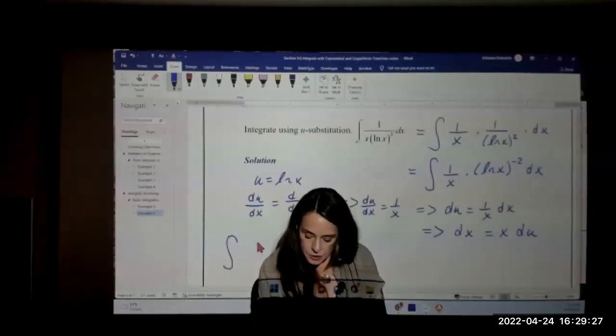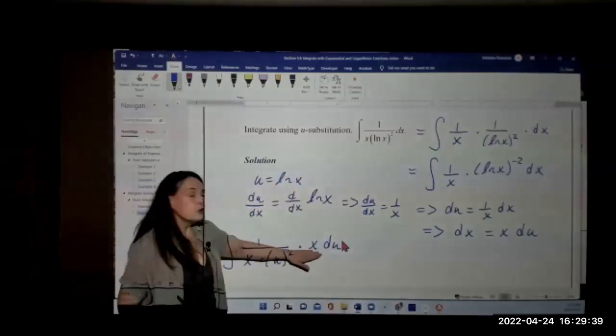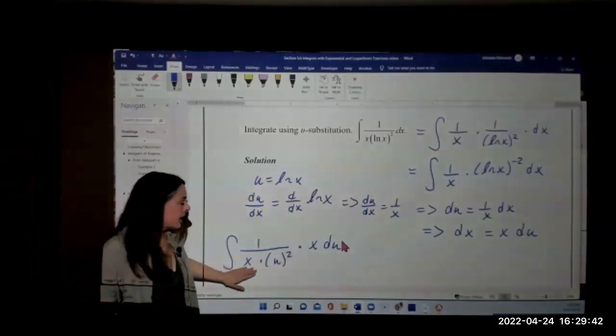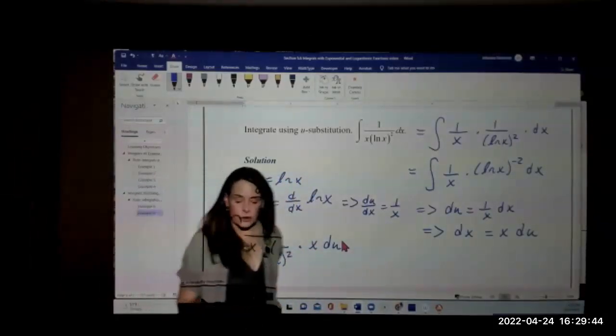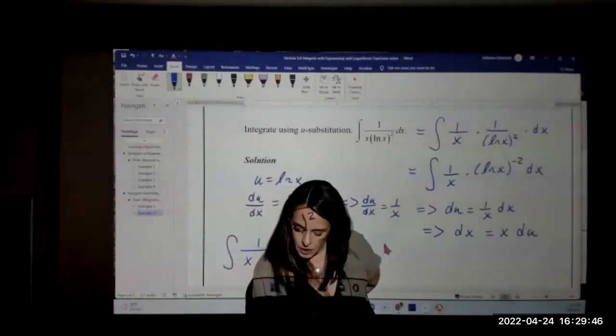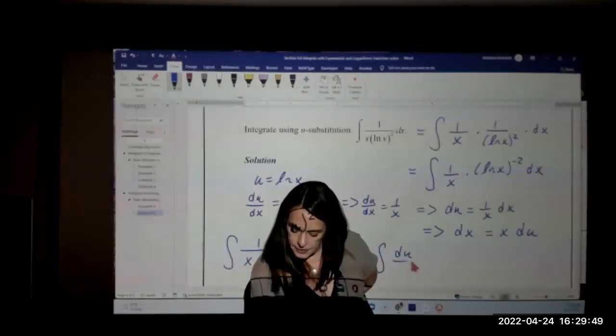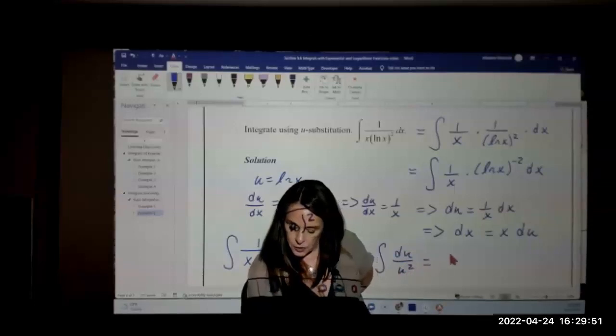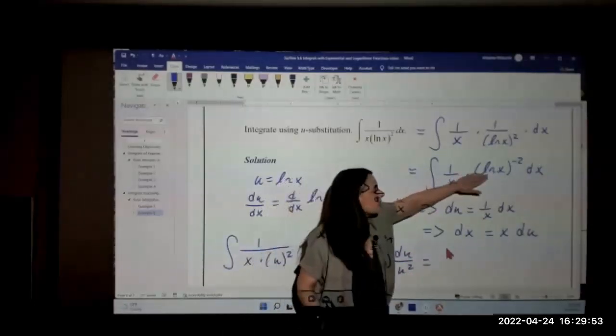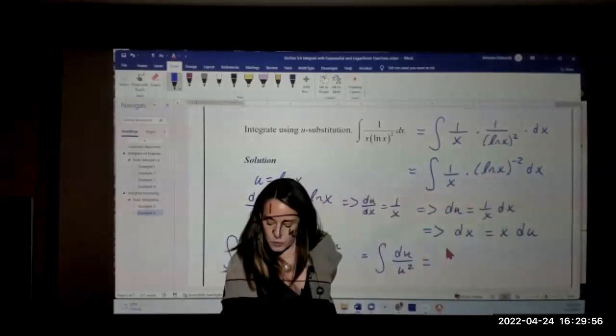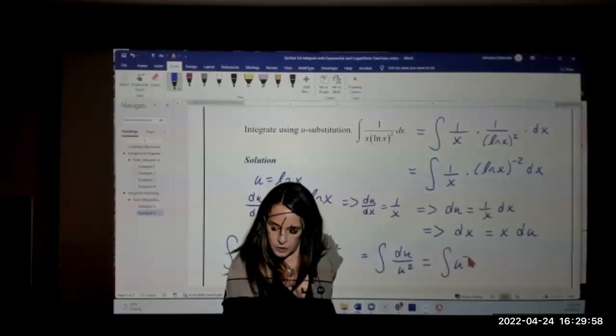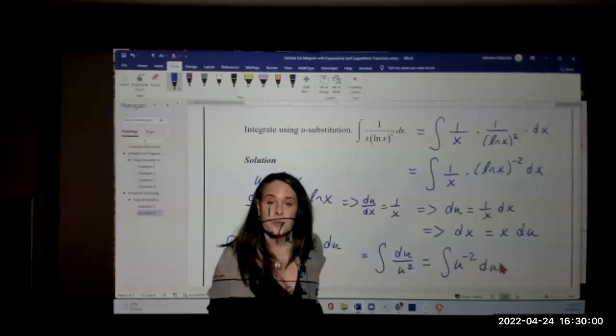Let's go ahead and substitute now. This becomes the integral of 1 over x times u squared times x du. The x in the numerator and the x in the denominator cancel, and I get the integral of du over u squared. Now I can push this to the numerator as I did up here when I was thinking of it as natural log, and that will make it the integral of u to the -2 du.